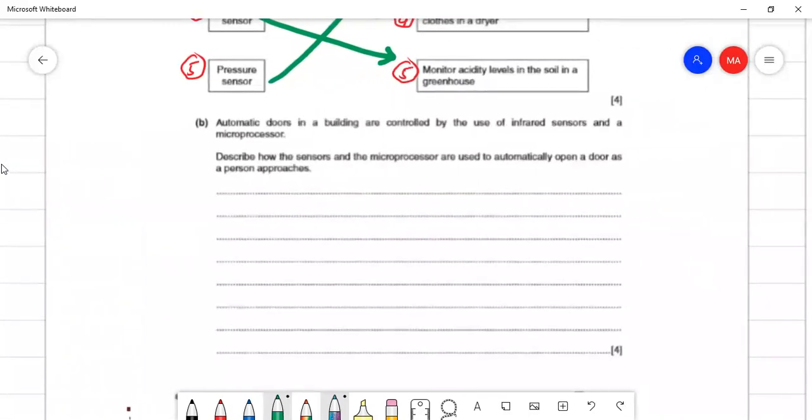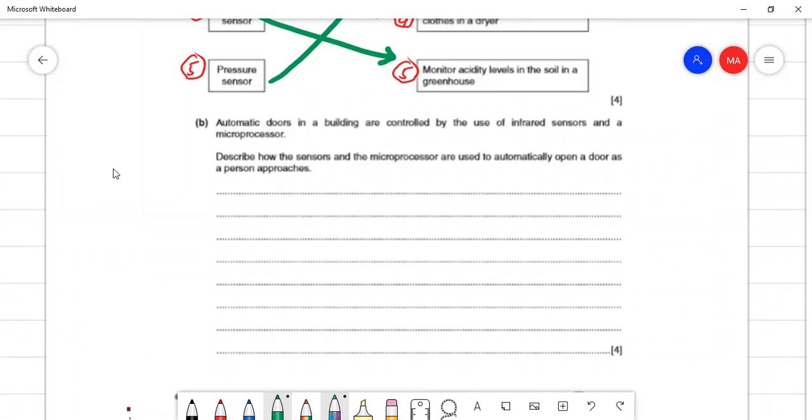Now, automatic doors in a building are controlled by the use of infrared sensors. Infrared sensors are used to detect objects which are in the motion state. It is used to detect moving objects.